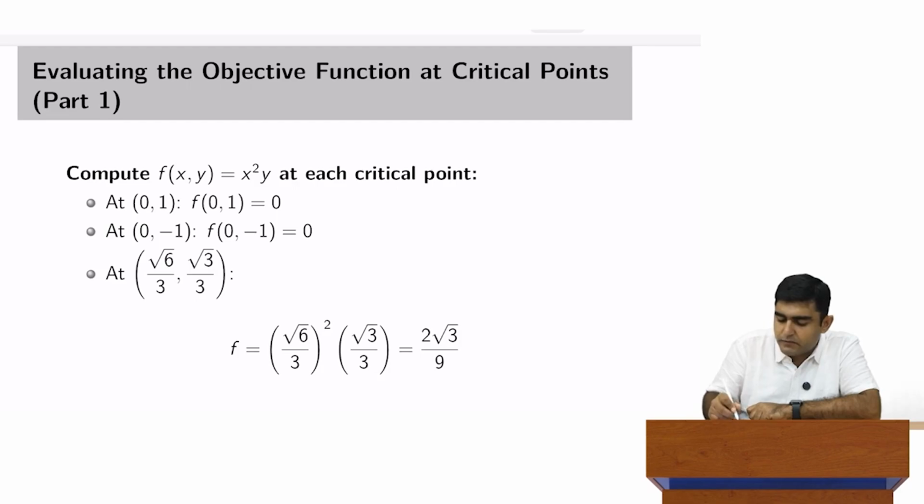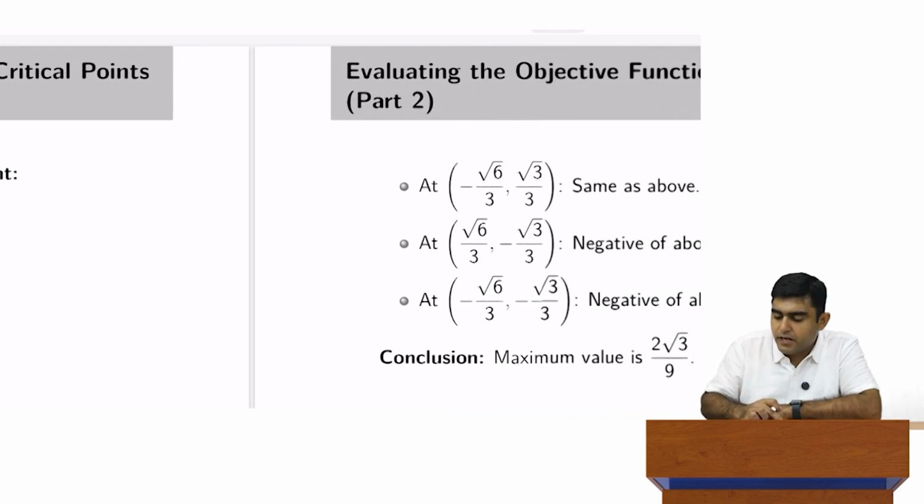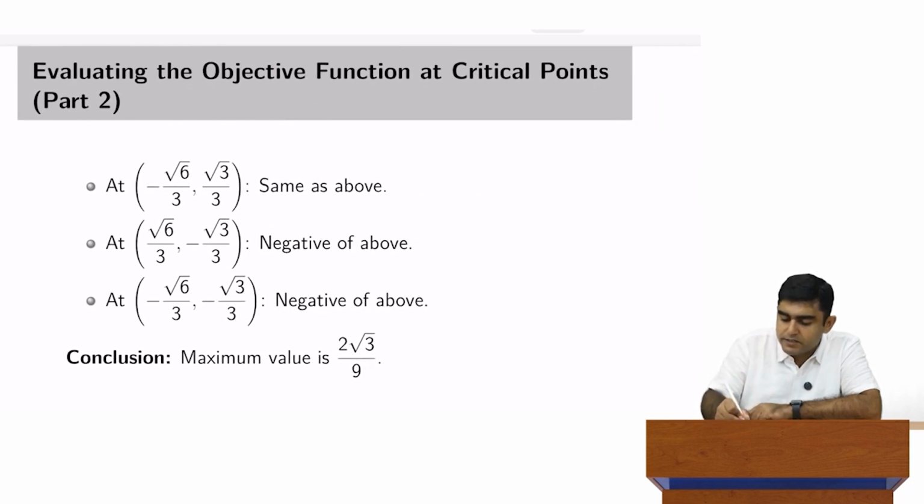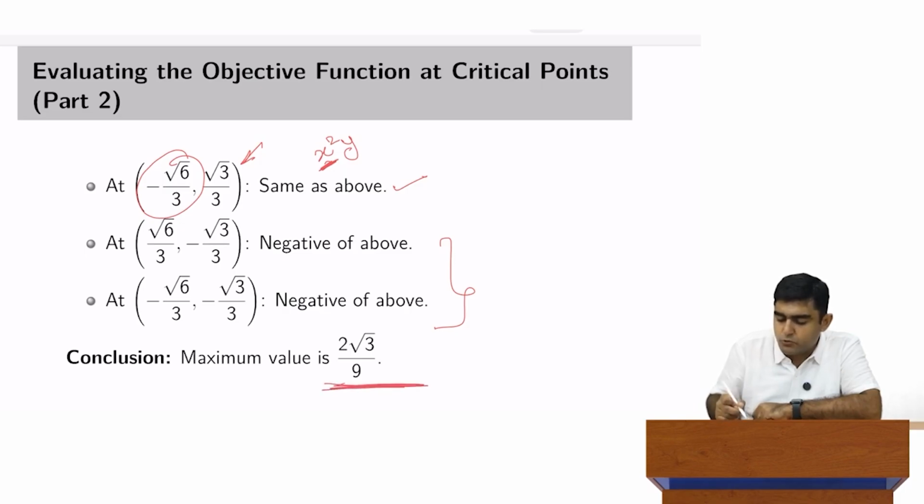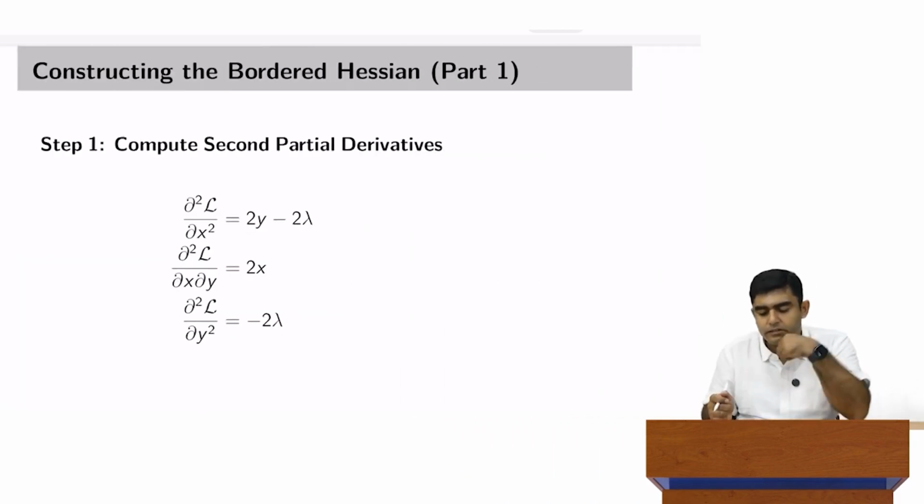We recall that the value of function at this point came out to be 2 root 3 by 9, and it was same for the negative of x given x square y. Any argument with negative sign becomes positive and negative on the other side. So, we concluded that maximum value is 2 root 3 by 9 at these 2 points of root 6 by 3, root 3 by 3 and minus root 6 by 3 and root 3 by 3.